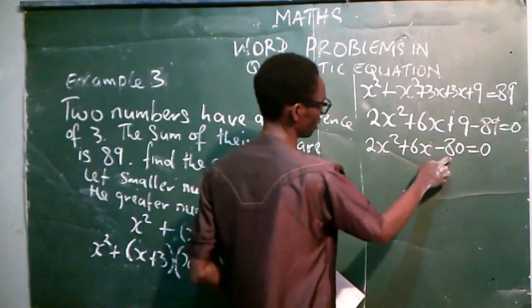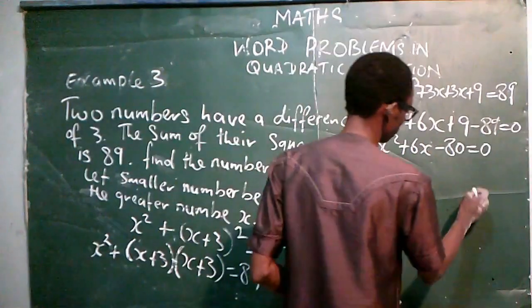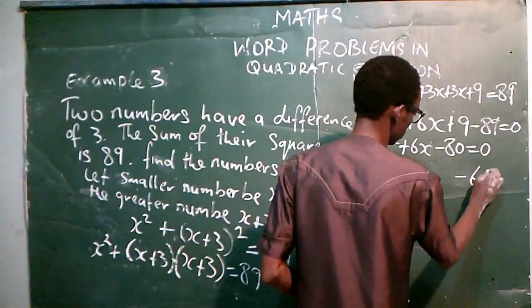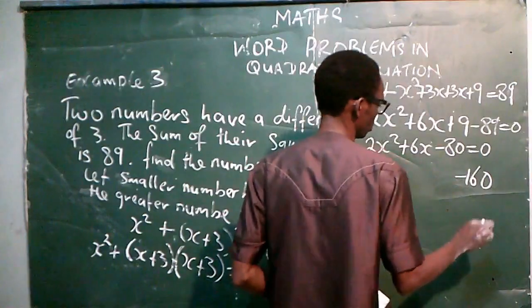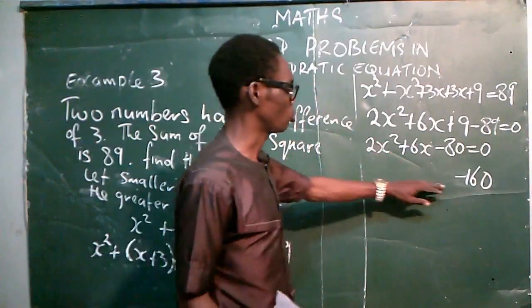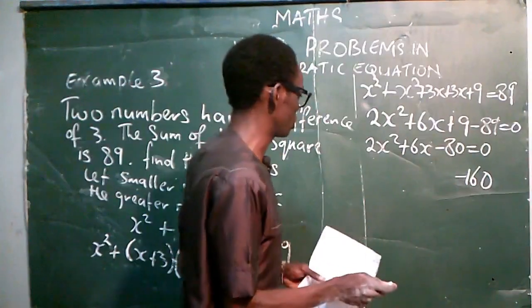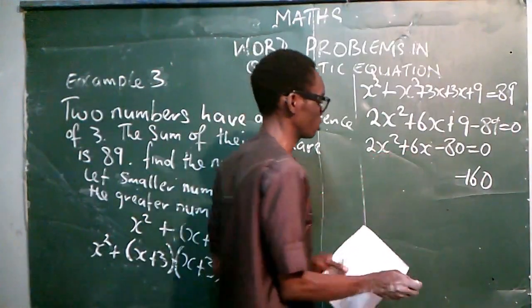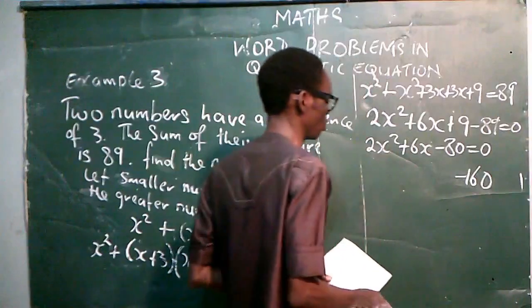The coefficient of x squared here is 2, it's not unit. So 2 times minus 80 will give me minus 160. I will look for two numbers such that the product will be minus 160, while their difference will be 6. Let me try 160 and 1.